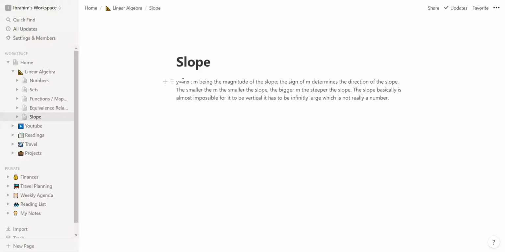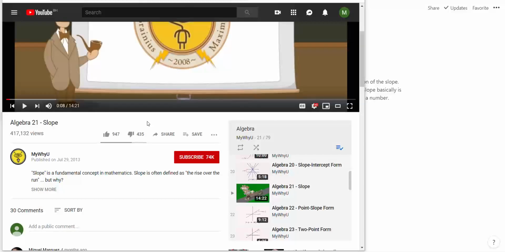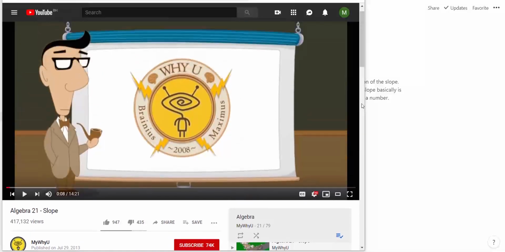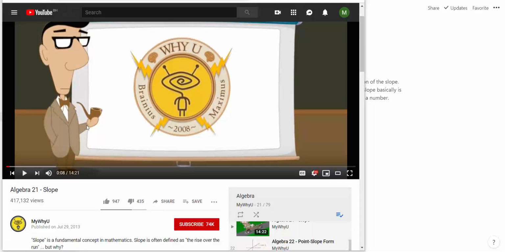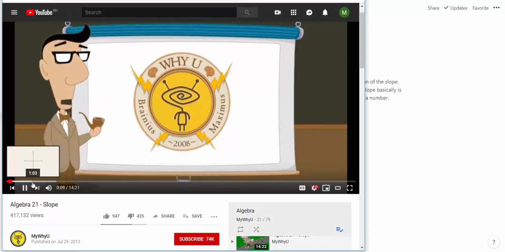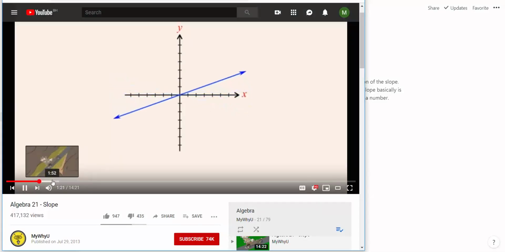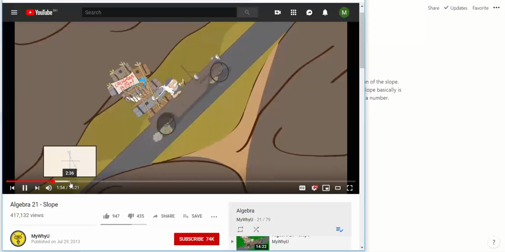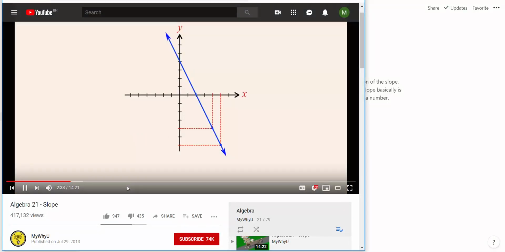Today's topic is the point-slope form. Let me open up the YouTube videos. The last time we talked about the slope, let me quickly skim through this. In the last lecture, we saw the amount of change in the line's elevation over the same distance is negative 2.